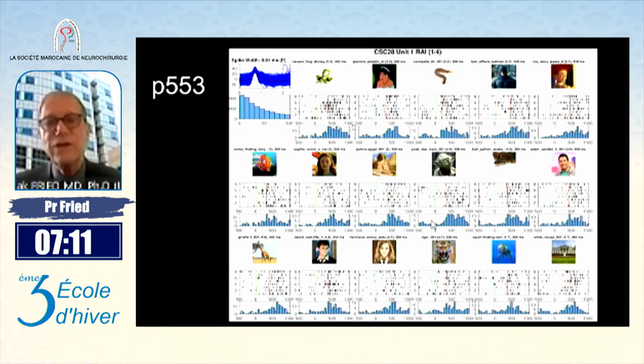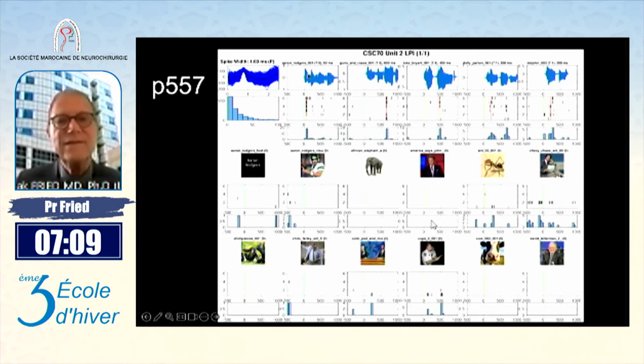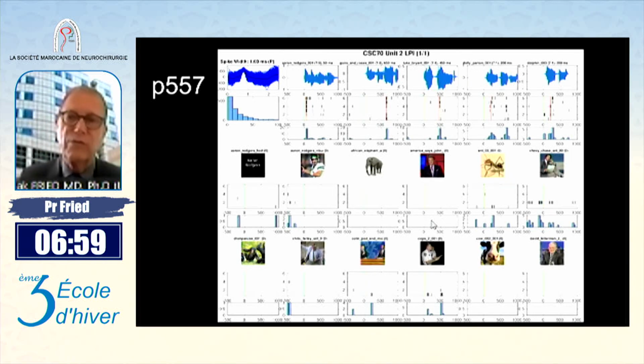And when you go to the posterior insula, this is an auditory stimulus. So you can see auditory responses in the posterior insula, as you would expect, because of the connection probably to auditory cortex. So I think the insula is an unknown territory. And the advantage that we have with SEEG of studying the insula is incredible.